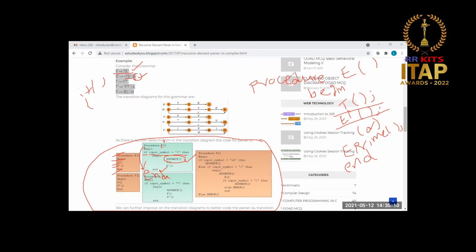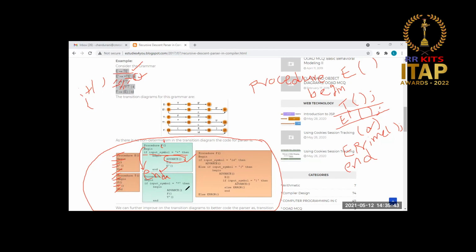Similarly, observe the third production rule: T tends to F T dash. So procedure T function: begin, F function, T prime function, end. Next, the fourth production rule: procedure T dash, begin, if input symbol equal to star, then begin advance function, or skip it if you want.